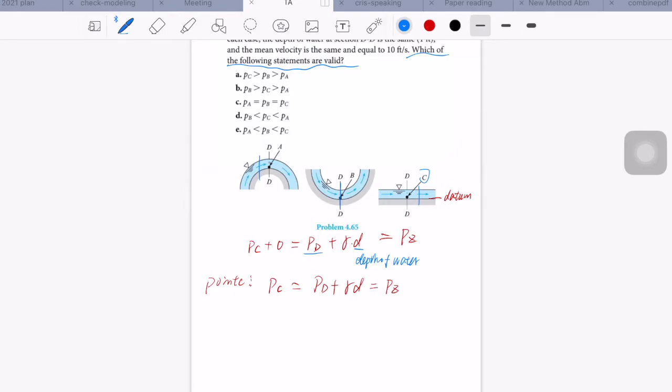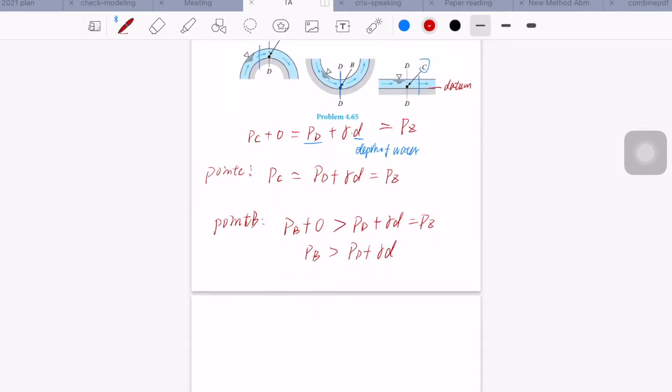So we can get that for point B, PB plus 0 should be greater than PD plus gamma D equal to PZ. So we can get that PB should be greater than PD plus gamma D. And for point A, we can get that PA plus 0 should be less than PD plus gamma D equal to PZ.